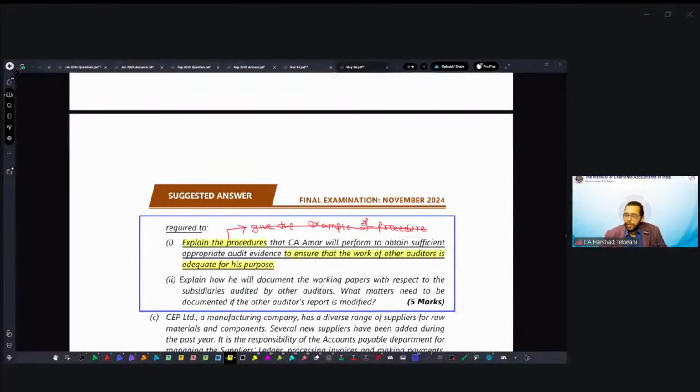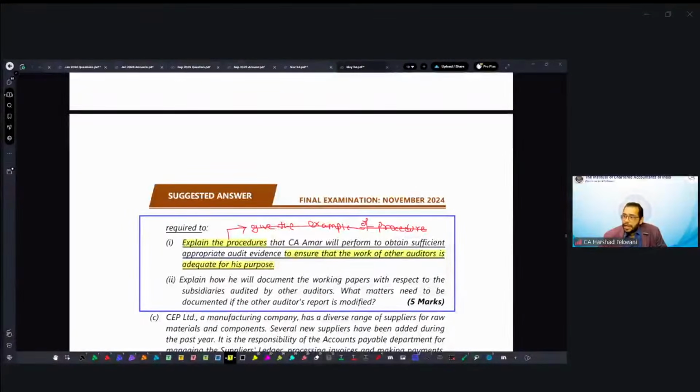Like after doing the understanding of the entity and after doing all the relevant procedures, and before other auditors start their work, you make sure that you prepare that document and accordingly you share it with each and every auditor. Okay, then only they will be able to perform their respective tasks.